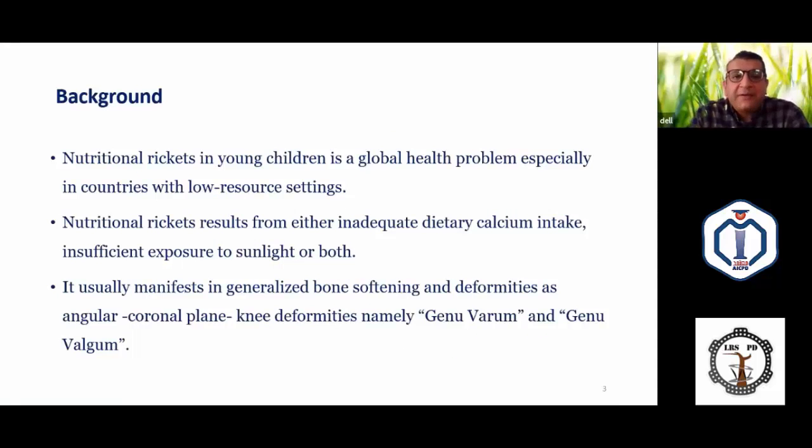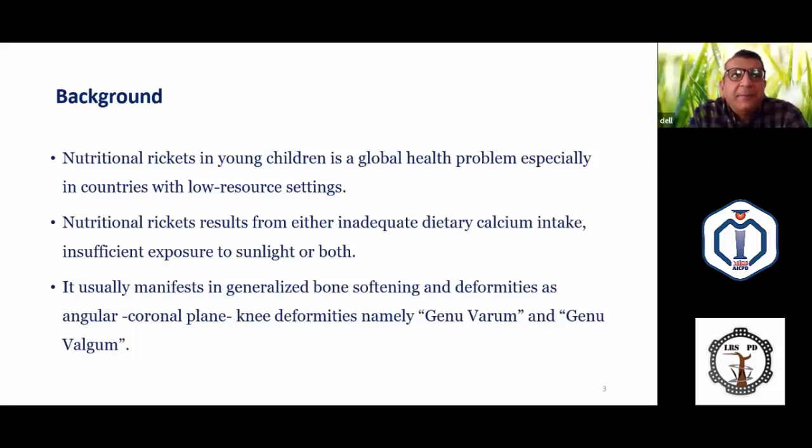First of all, we have to mention that nutritional rickets is a global problem. It's prevalent in many parts of the world, especially in Asia and Africa, which are low resource setting countries.